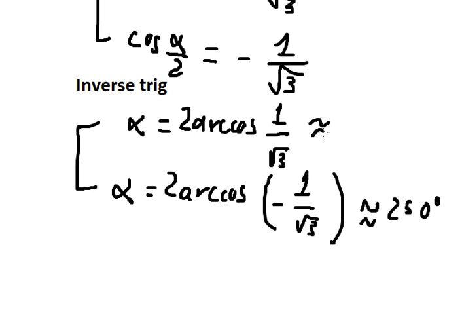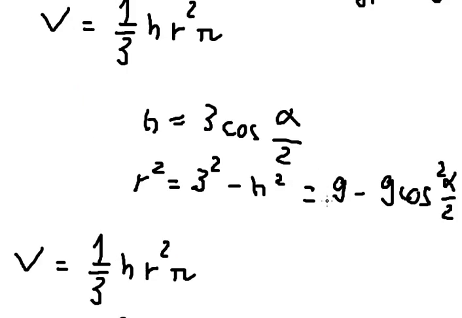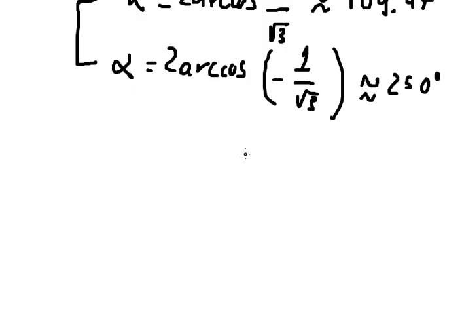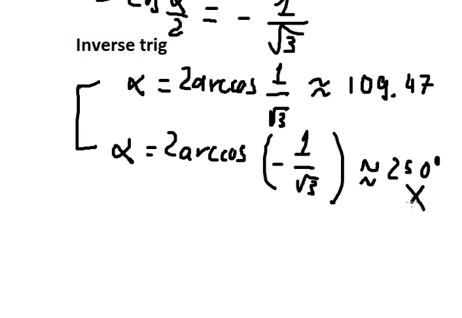This one is approximately 109.47. Because this is a cone and the maximum of this angle is 180 degrees, we need to reject this one. So we need to accept this one.